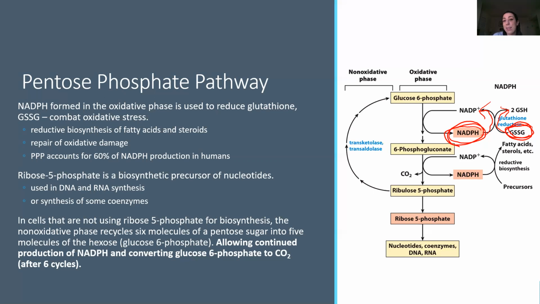So taking precursors and actually building up fatty acids through biosynthesis occurs by using NADPH. So if we want to make fats, when we start talking about anabolic pathways of actually building fats, NADPH is used to help build fats in our body.